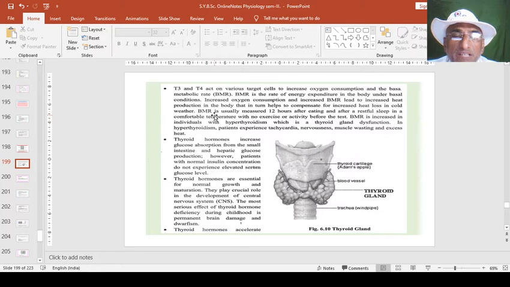Basal metabolic rate is usually measured 12 hours after eating and after a restful sleep in a comfortable temperature, with no exercise or activity before the test.